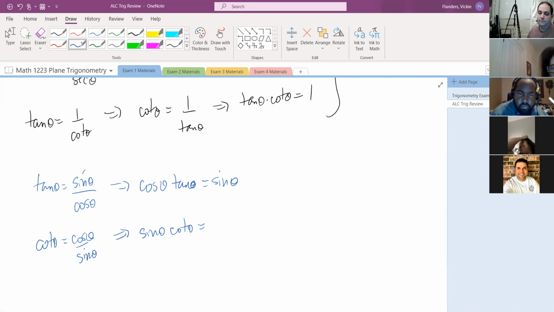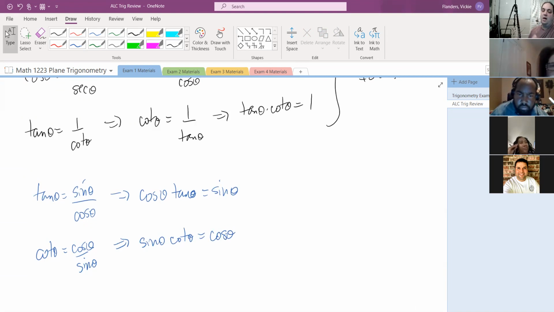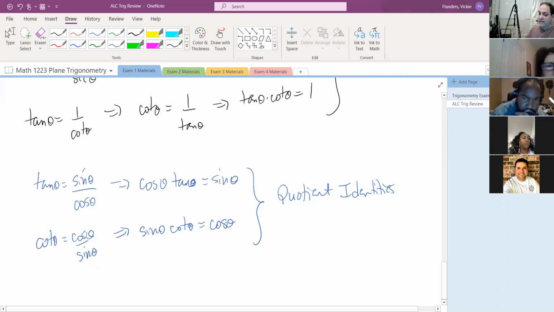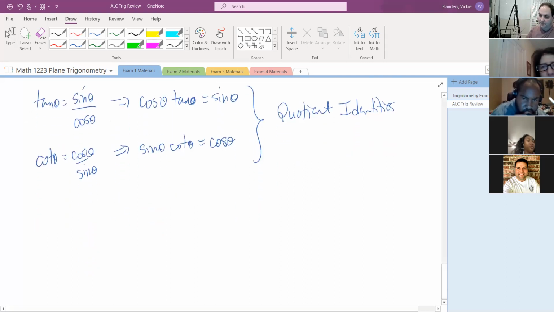Now it seems like a lot to remember, but if you remember the basic ones on the left, for example, tangent is 1 over cotangent, tangent is sine over cosine, you can always change them into these alternate forms. We're just trying to show you some alternatives so that it will spark those ideas whenever you're approaching these things.